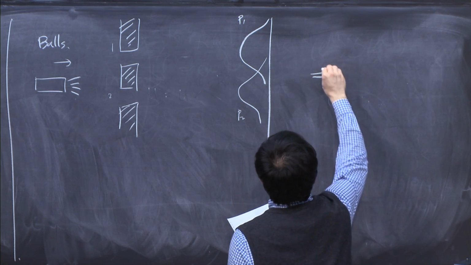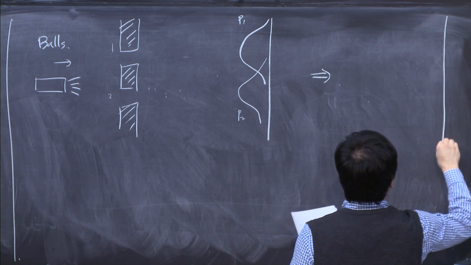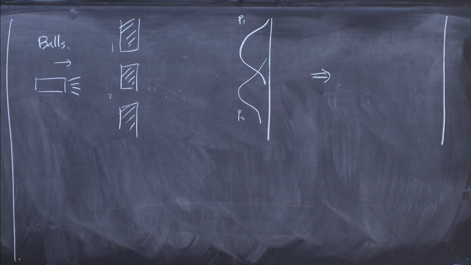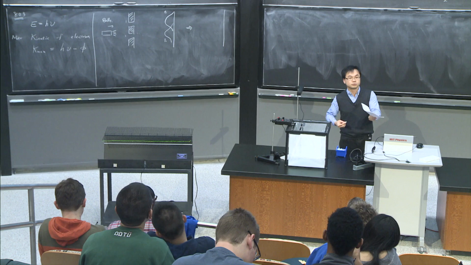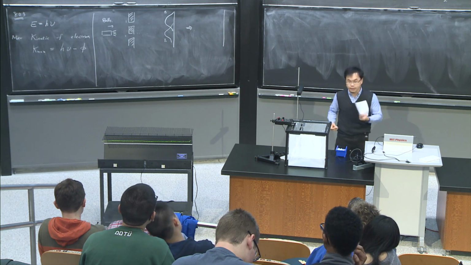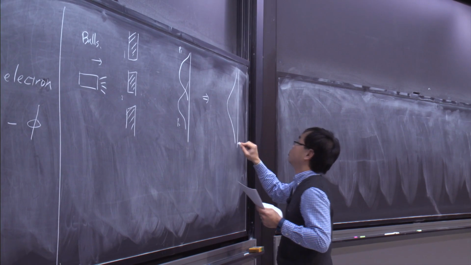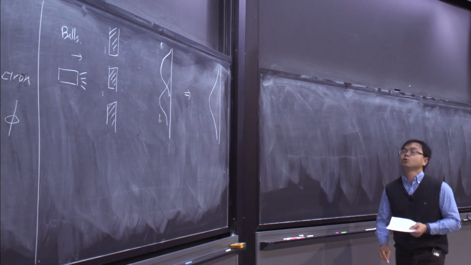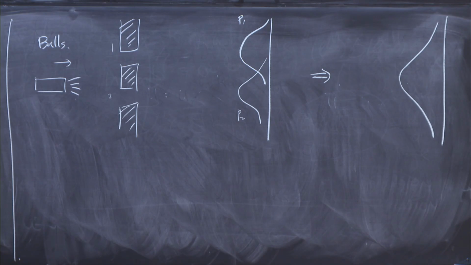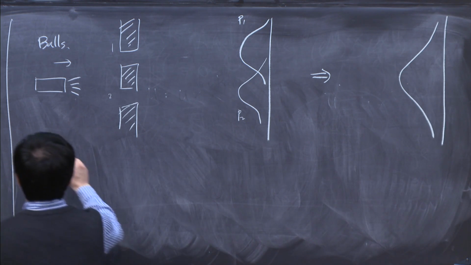And if you just look at the distribution of balls without separating the balls from slit number 1 and slit number 2, basically you get some distribution like this, which is a superposition of the P1 and P2 distributions. Okay, all these things don't surprise anybody, right?